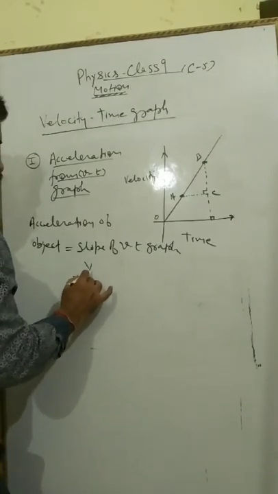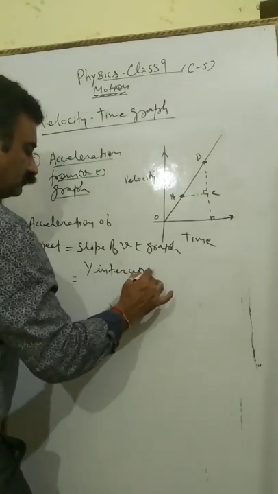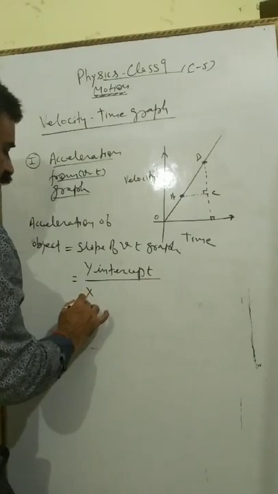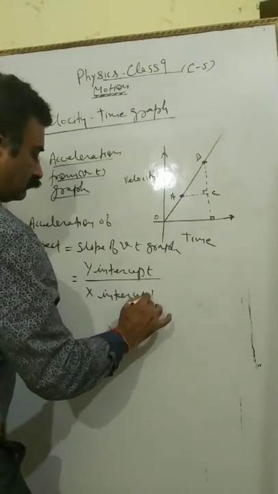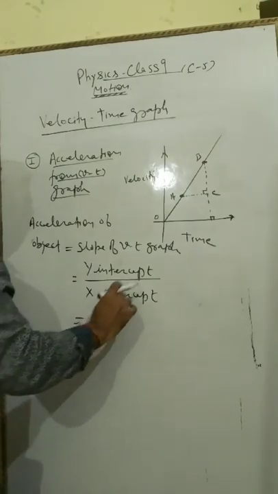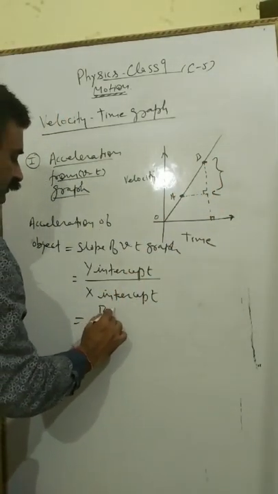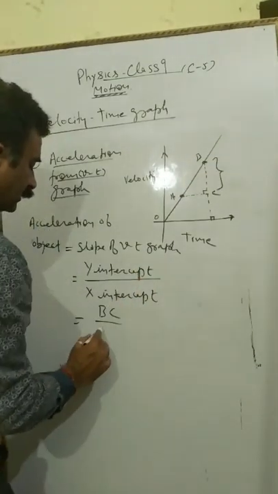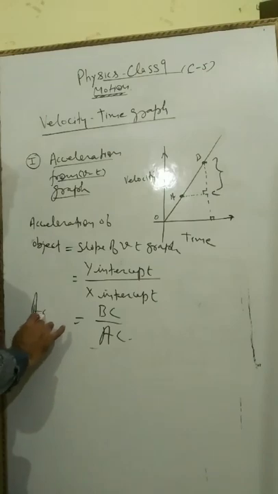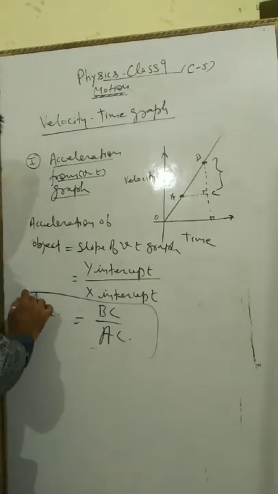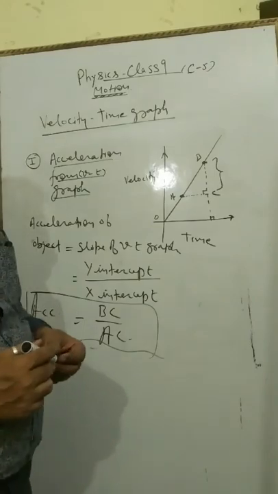That is the y-intercept upon the x-intercept. The y-intercept is this one, that is BC upon AC. This is the acceleration which we can find from this VT graph.